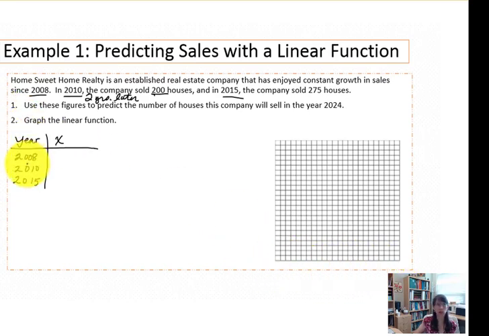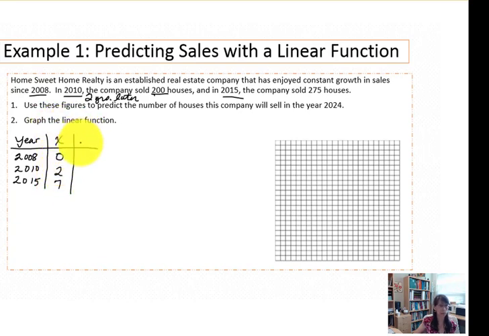We want to use the years since that initial year for x values. So if 2008 is the initial year the data is being collected, that's actually year 0. 2010 is 2 years later, and 2015 is 7 years later. So these are the actual x values that we'll be using on the graph and to do any evaluations.